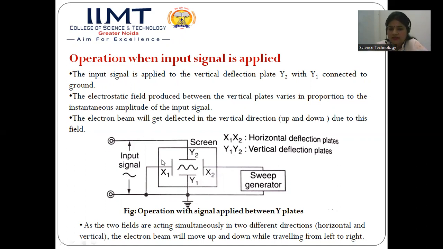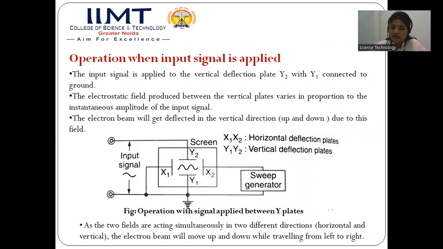Now, when the input signal is applied to the vertical plates, the electron beam will get deflected in the vertical direction, meaning in the up-down direction, due to this field. So now these two fields are acting simultaneously in two different directions, one from left to right and another in the vertical direction.